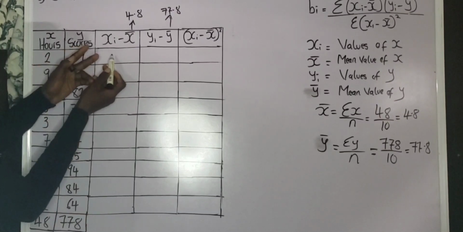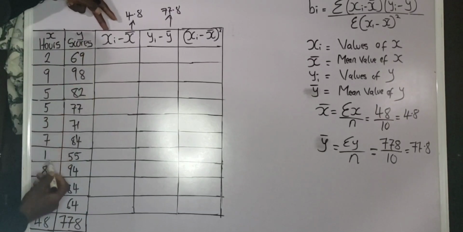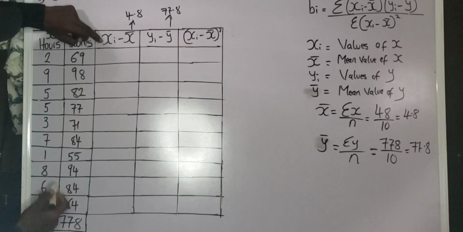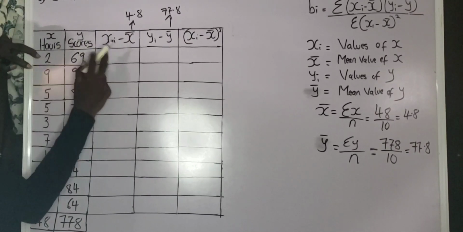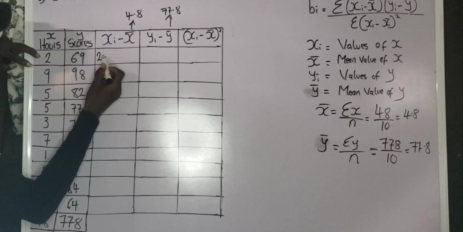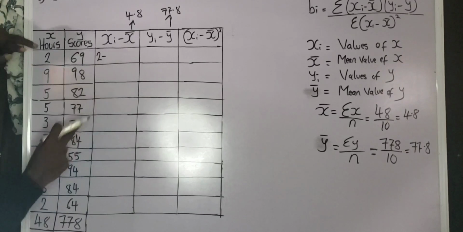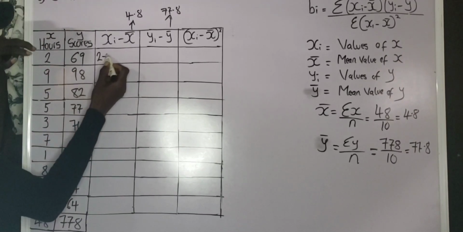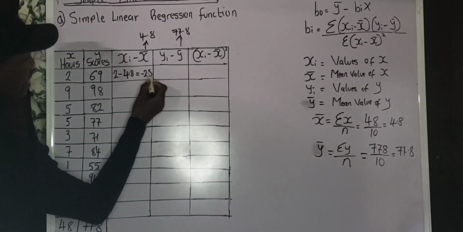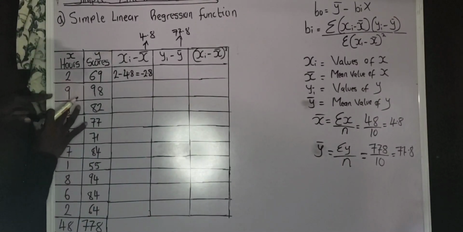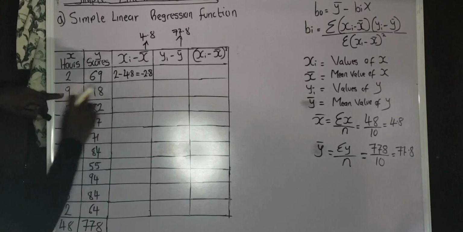If I want to get the values in this column, I'm going to take the difference between the value of x here and the mean value of x. For this cell, the value of x is 2, so 2 minus the mean value of x, which is 4.8, is minus 2.8. You understand? For these cells, the value of x is 9.